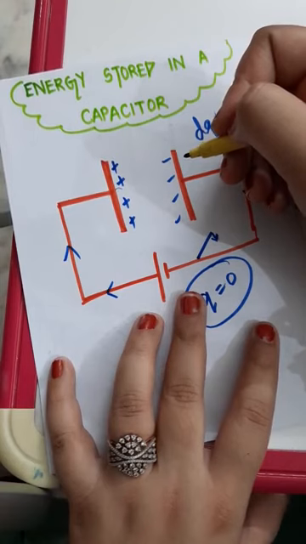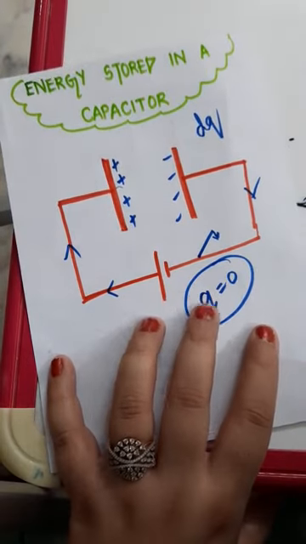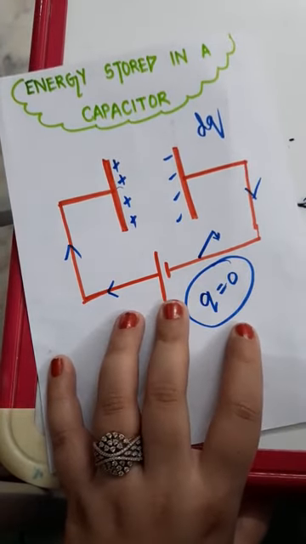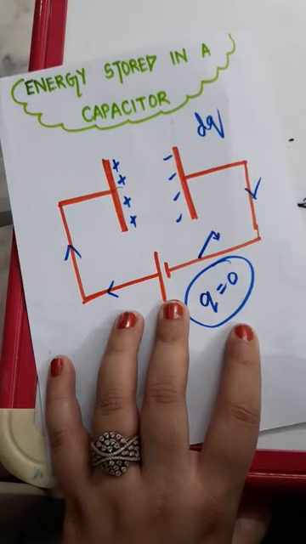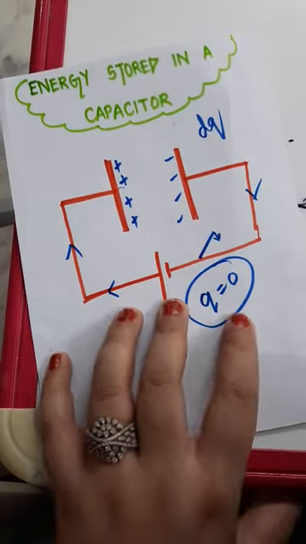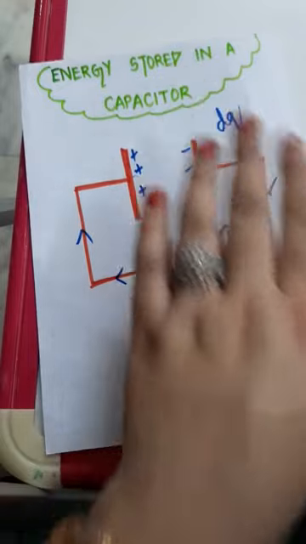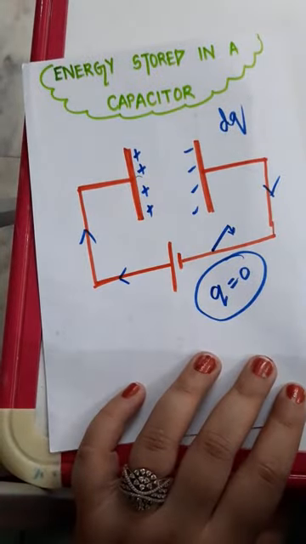So this is the stage of a fully charged capacitor. But whatever happened, we saw that the battery played a major role in doing electrical work. So we need to calculate that electrical work only, because electrical work will be stored in the form of energy, because we know that work is stored in the form of energy.